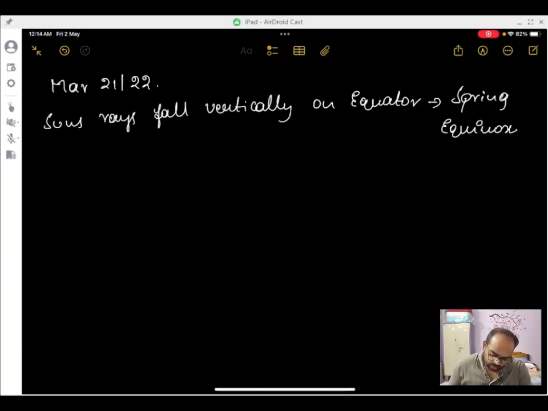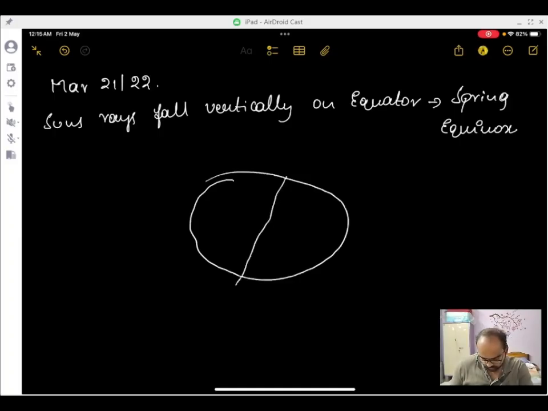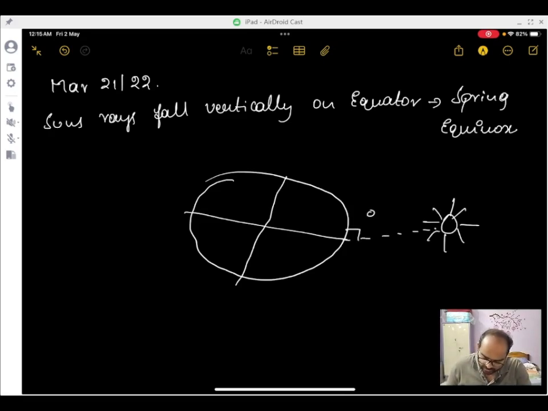That means the sun's rays make 90 degrees with the equator, right? So what happens?